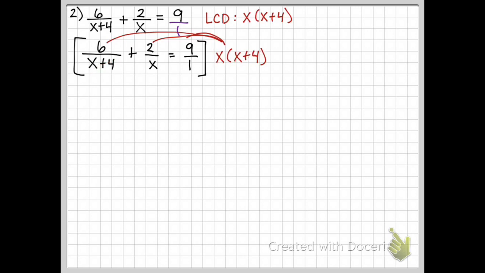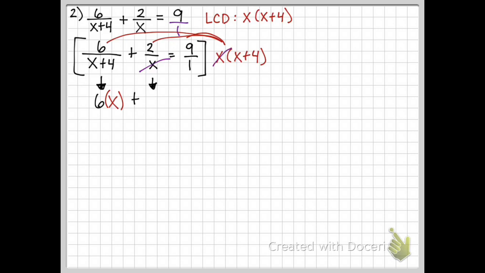So I'm going to write 6 because my 6 came from here. My x plus 4 is canceled out, and I have an x left, so I'm going to bring that x down here, 6 times x, plus, now, we're looking at this fraction. What cancels out on that fraction? Well, I have an x here and an x here.